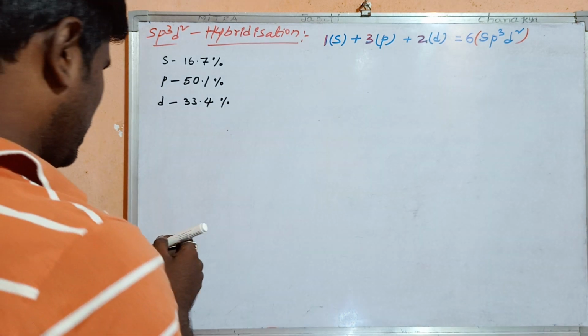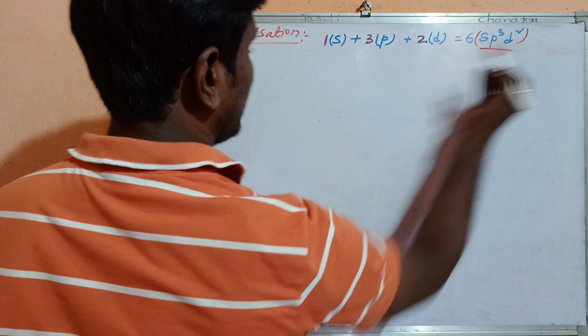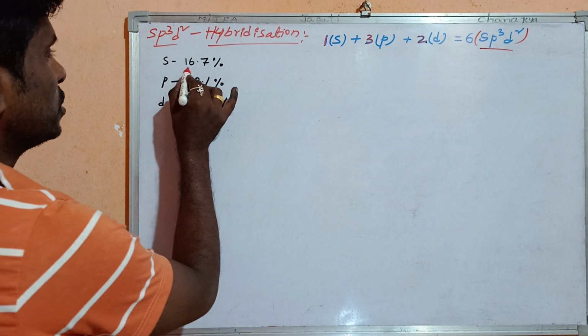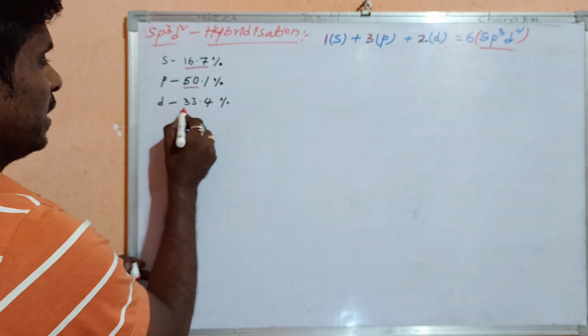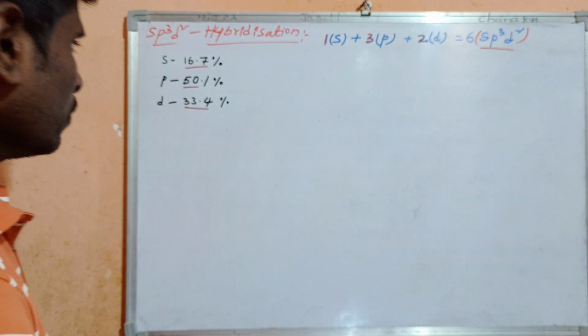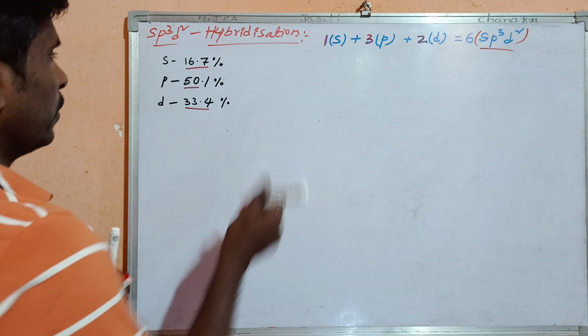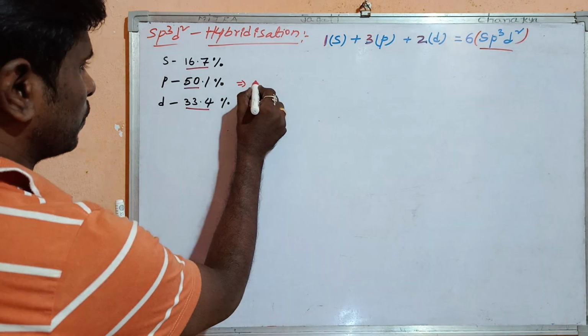Okay now friends, look here. In the hybridization, s character is 16.7%, p character is 50.1%, d character is 33.4%. It means there are three p orbitals here, p plus p plus p.